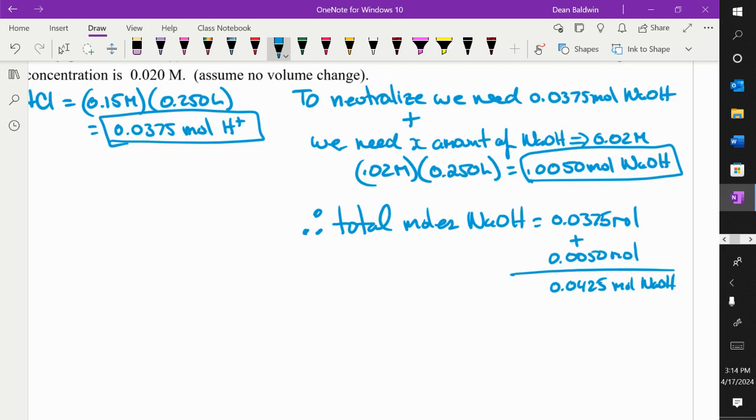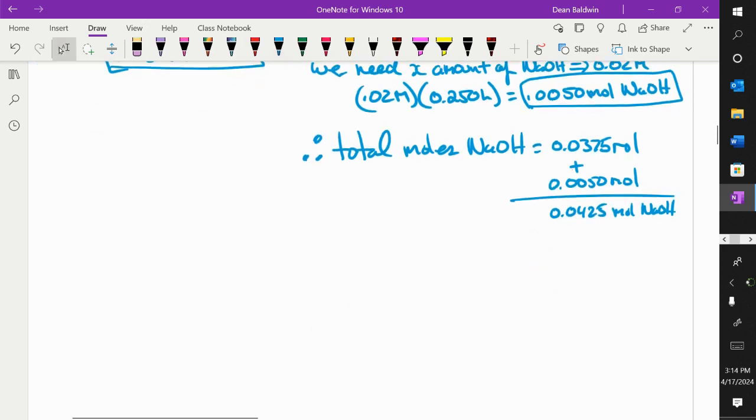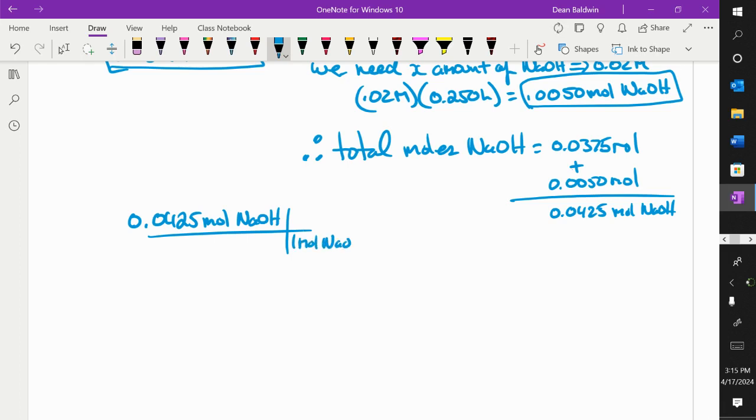And then, because you don't measure out moles, you measure out grams, just do a conversion. So it's 0.0425 moles of NaOH needed. 1 mole of NaOH is 40.0 grams, which gives us 1.7 grams needed.